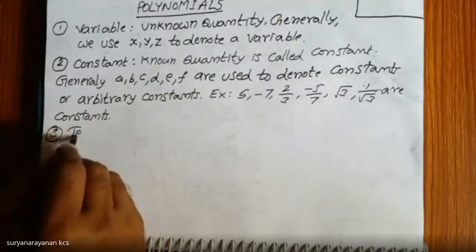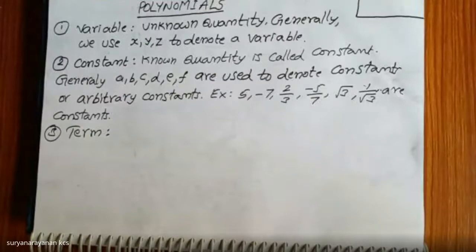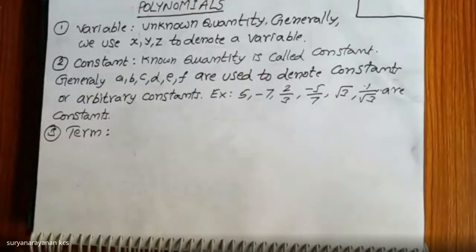Next term. Do you know what is meant by a term? Sir, monomial, binomial, and trinomial. Sir, and polynomial. That is a classification of expressions. Terms means x, y, and 2x.